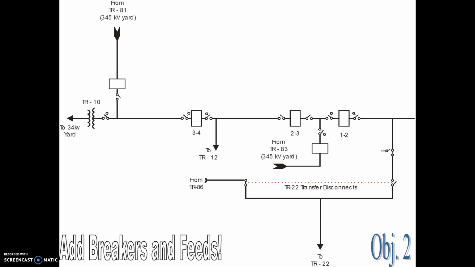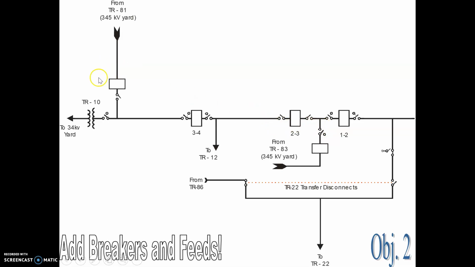In this case, we have 138 kV bus tie 1-2 circuit breaker, 138 kV bus tie 2-3 circuit breaker, and 138 kV bus tie 3-4 circuit breaker. As we talked about earlier, 138 kV bus tie 2-3 circuit breaker is normally open, and that is what gives us some divisional separation or protection in the switchyard.